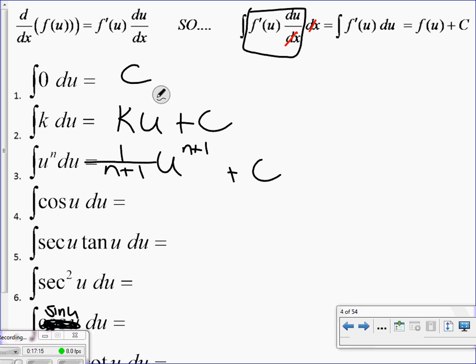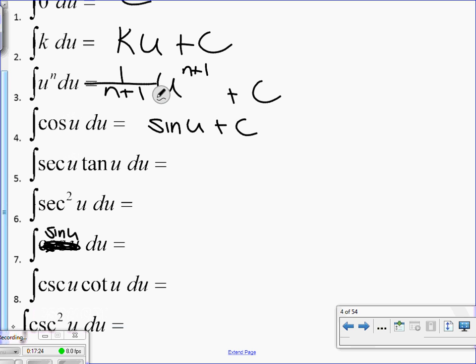Antiderivative of cosine u, as long as you have du. This is only good if you have the du. Right? Sine u plus c. Tan u, sorry. Secant u plus c.